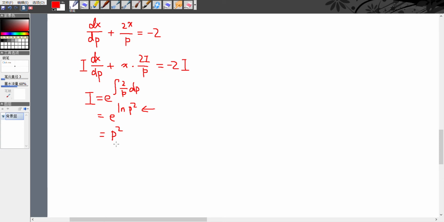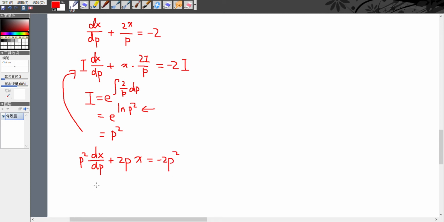And now, since we have I equals p squared, we can just substitute into the first order differential equation that we have, which is p squared times dx by dp plus 2p times x is equal to negative 2p squared.